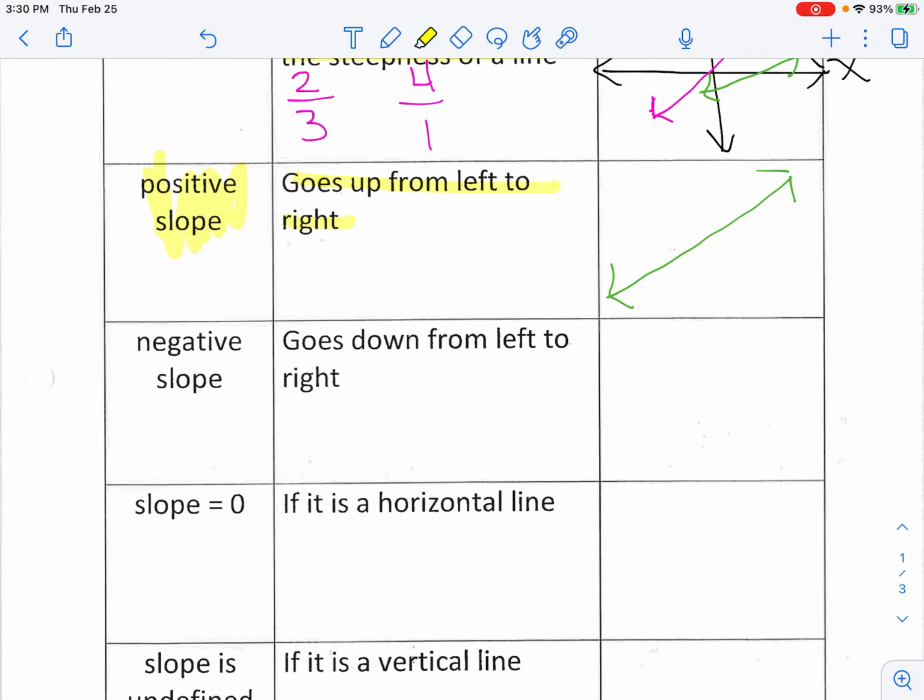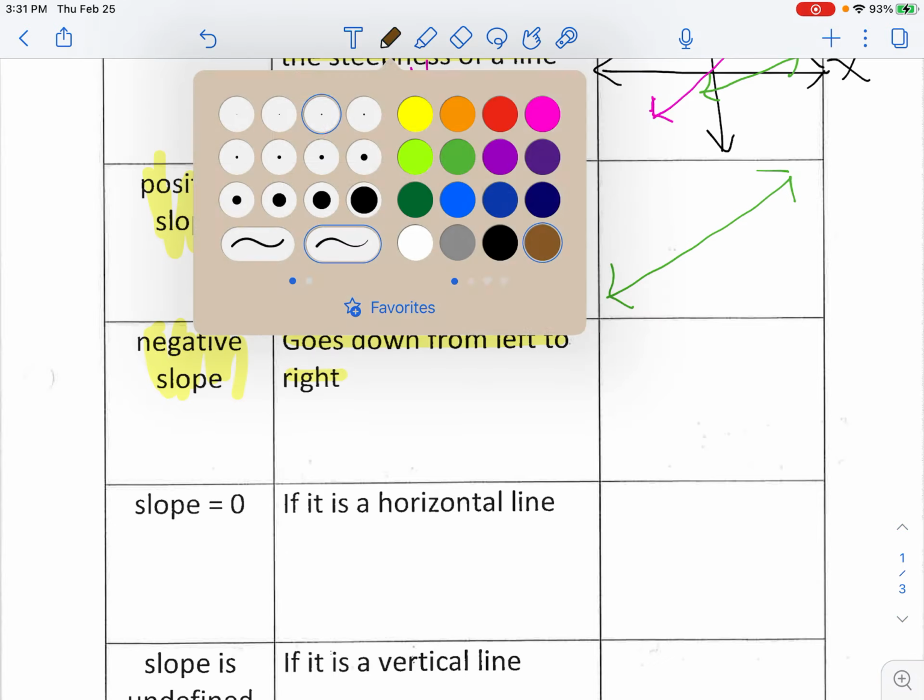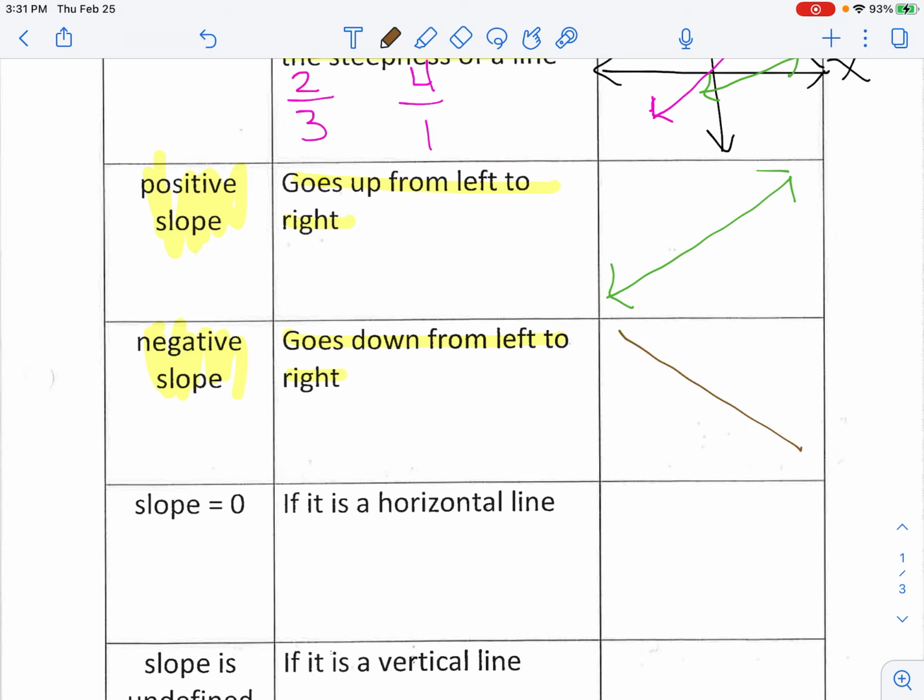If you do your math and your answer is a negative number, then your line on your coordinate plane should be going down from left to right. So then your slope should be going this direction. That would be as if you're climbing downhill.